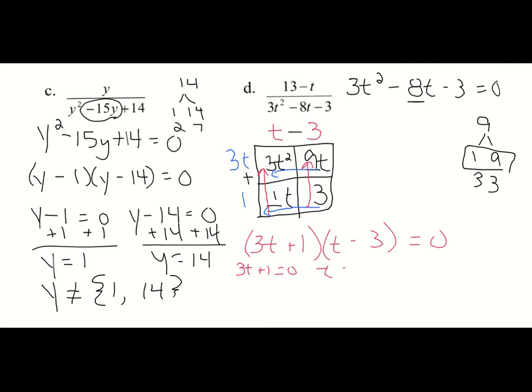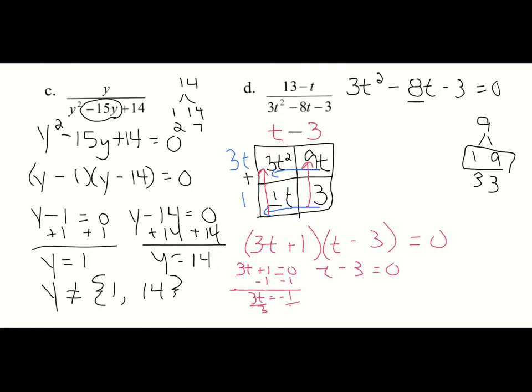equation set to 0. So for the first one, 3t plus 1 equals 0. I'll subtract 1 from both sides. Oops, no, it doesn't equal 0. Let me fix that. So hold on. When we subtract 1, we get 3t is equal to negative 1.